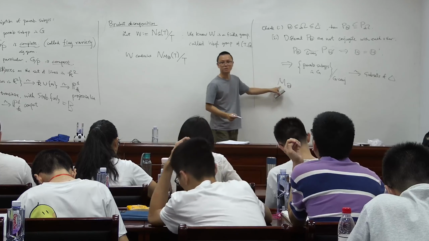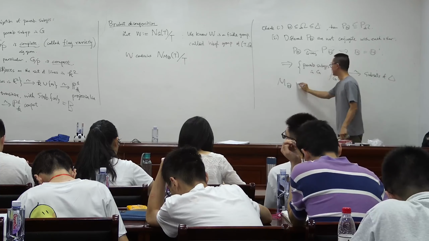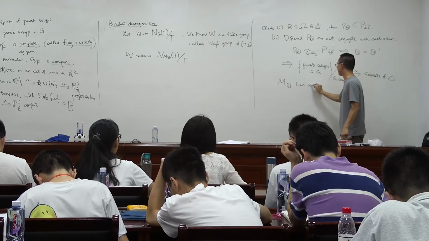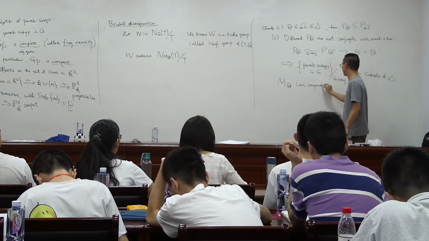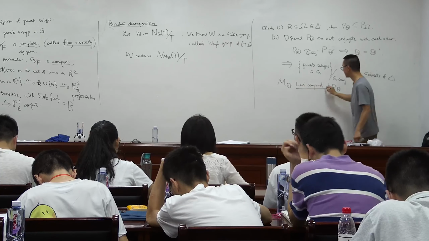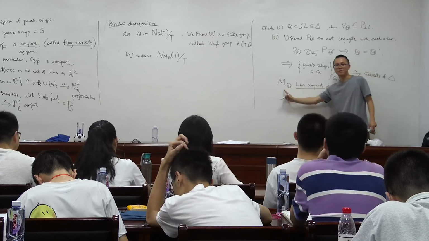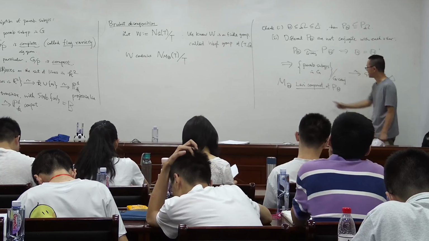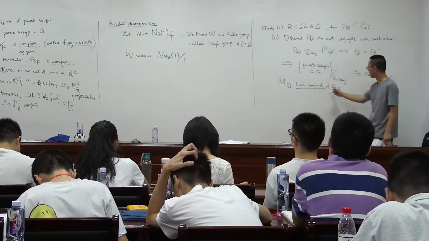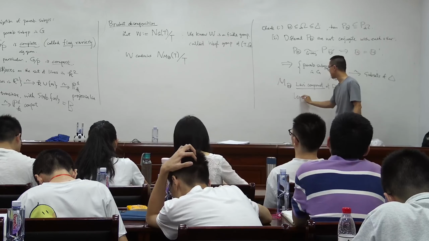So this M theta is called the Levi component of P theta, or sometimes I'll just say the Levi subgroup.